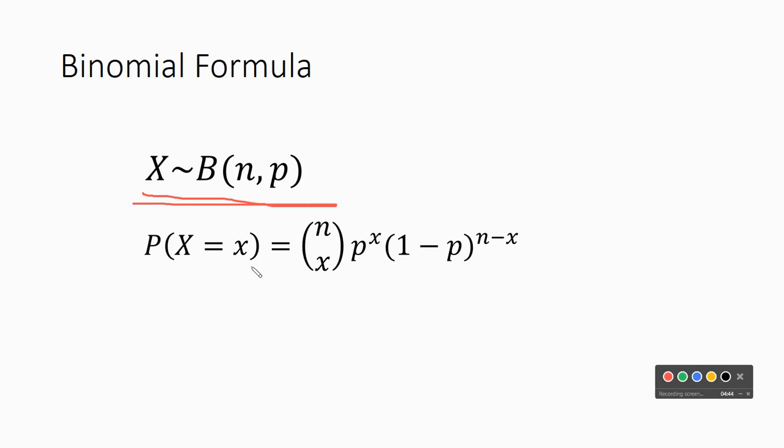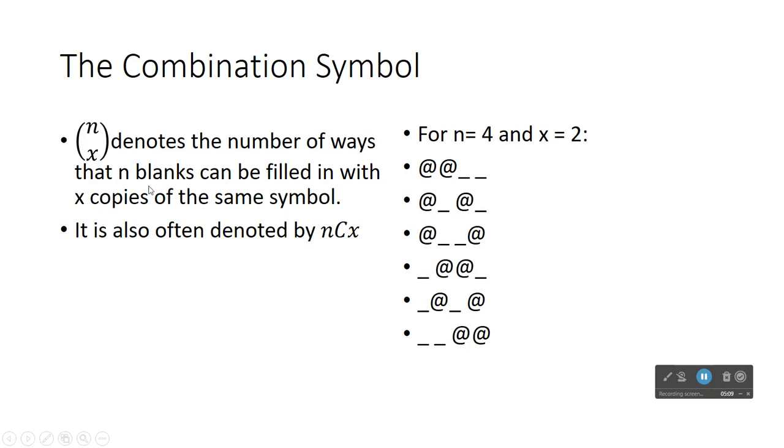The probability is n choose x, and I'll come back to this later, times p to the x power times 1 minus p to the n minus x power. So this is a complicated formula. Let's talk about it.